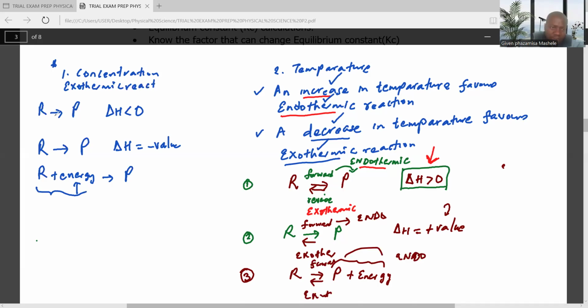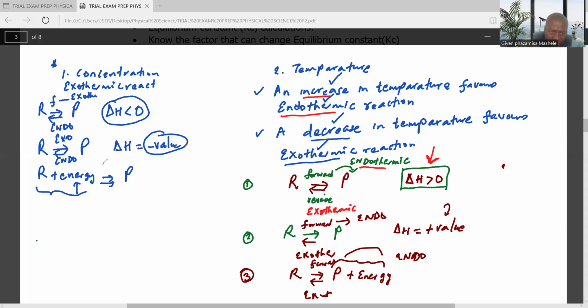Particularly for a forward. Which means if you have this, the forward reaction is the one that is exo. Then the reverse is the one that is endo. Same applies.